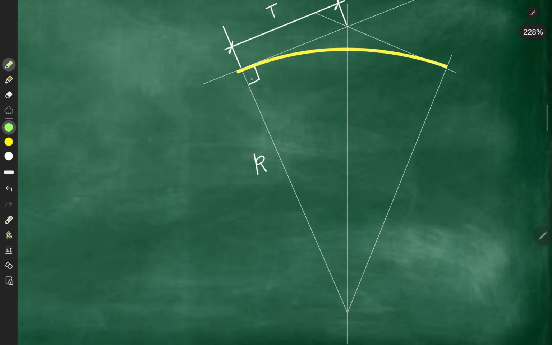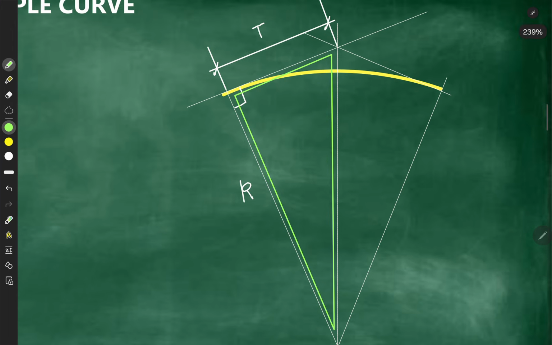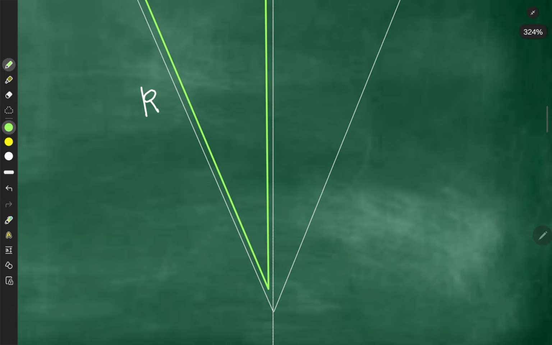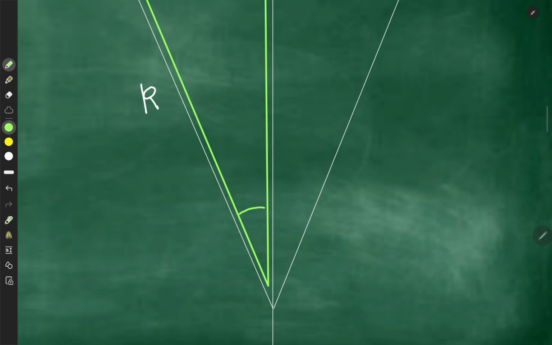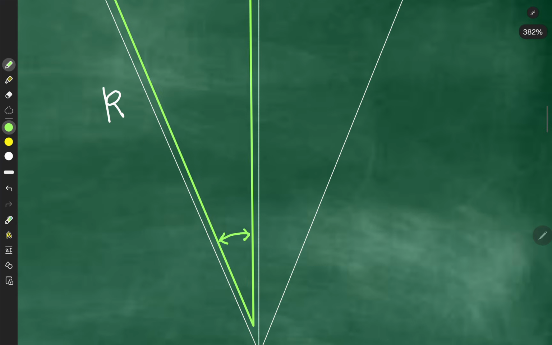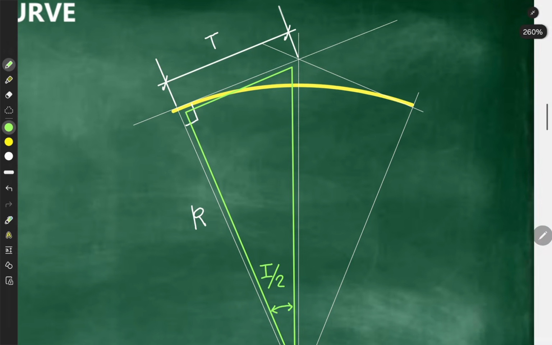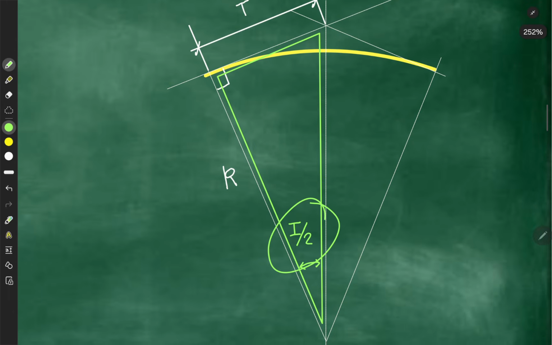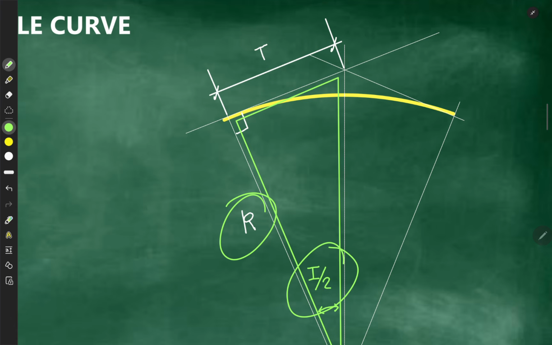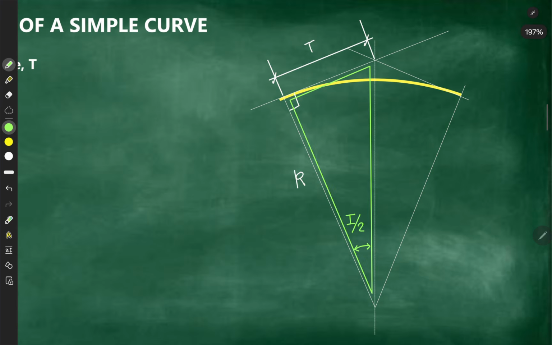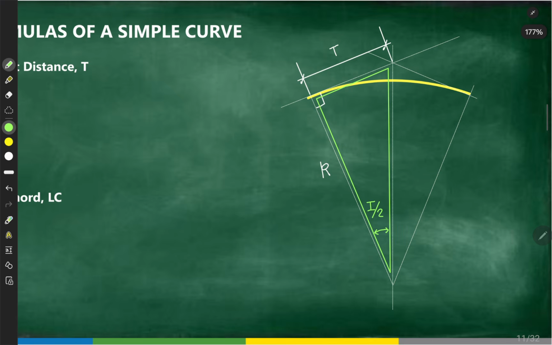Okay, so if we are going to consider this triangle, so this is a right triangle. So ano ngayon yung angle na to? Yung angle nito is just half of the central angle, or I over 2. Ano ngayon yung pwede nating magamit dito? If this is our angle, this is our radius, and this is t. So pwede natin gamitin dito is tangent function. Okay?